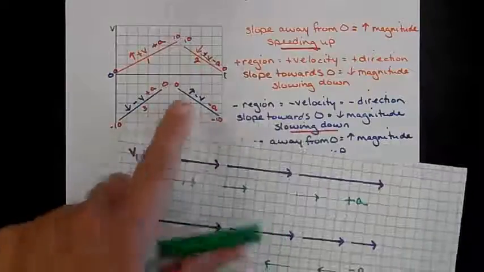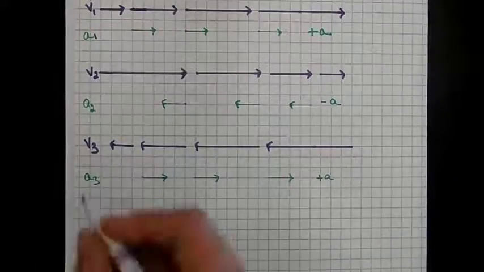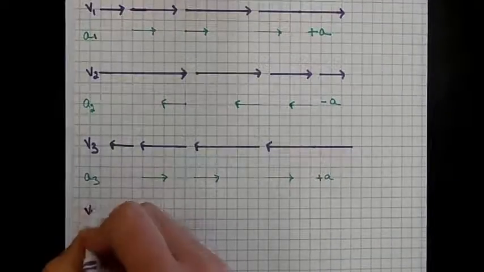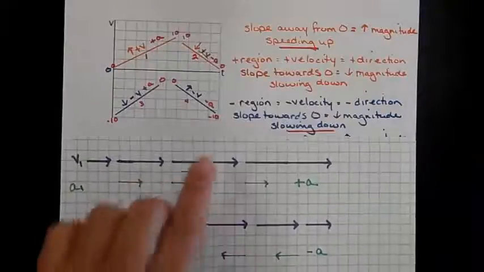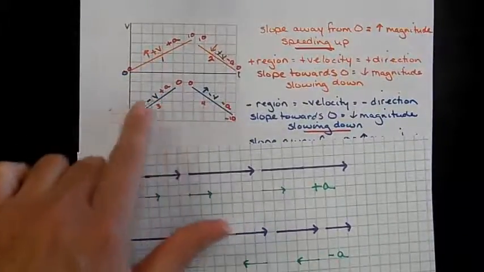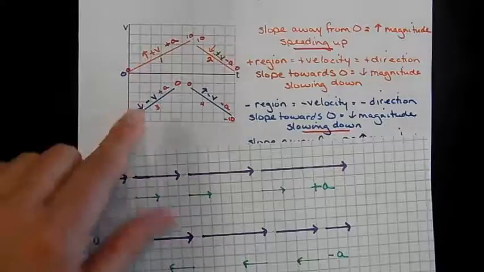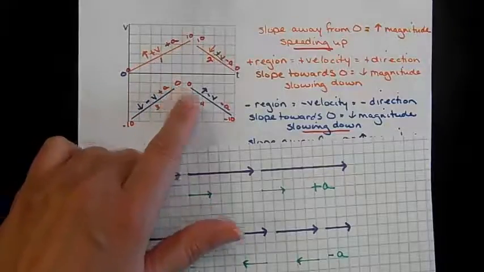So if we come back and we look at number 4 then, if we look at the velocity of the 4th line, we are still moving in the negative direction because we're in this section of our graph. We're moving in the negative direction, but we start out with a low velocity and it increases.